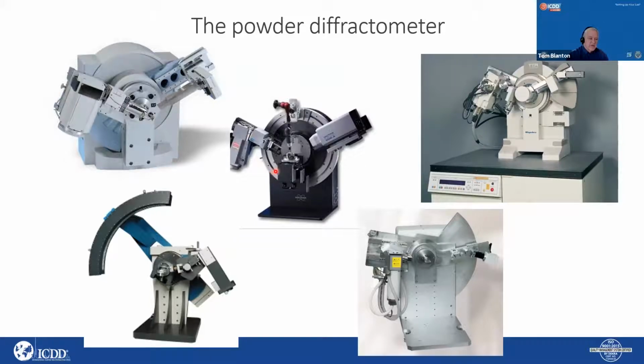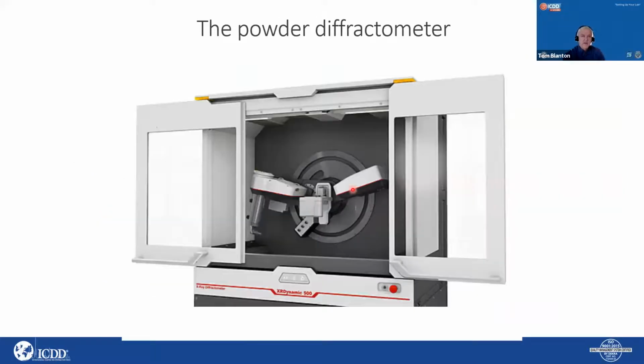Again, as I mentioned, these are larger instruments, and there are two advantages. One in particular is that you get improved performance in terms of sample displacement, because the smaller the radius, the larger the effect of the sample displacement. The other I'll mention in a moment: attachments, and the advantage of those attachments on the larger instrument.